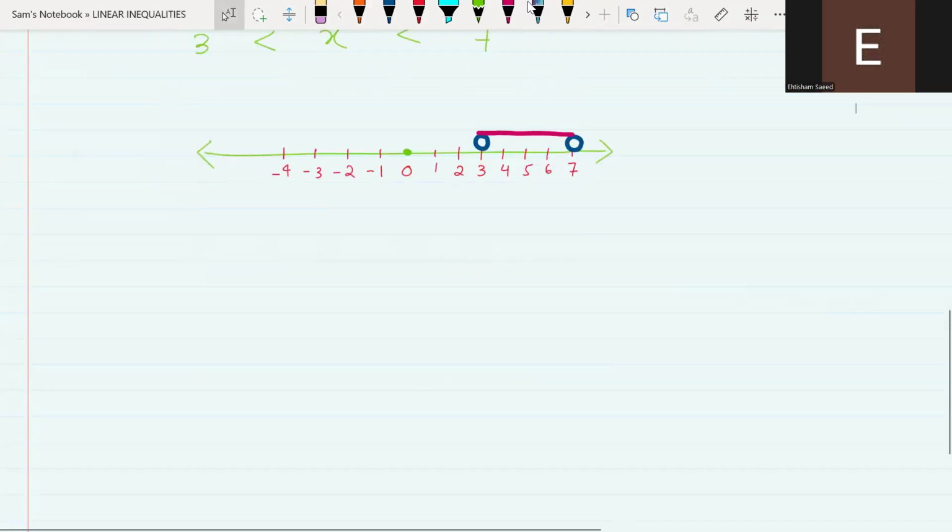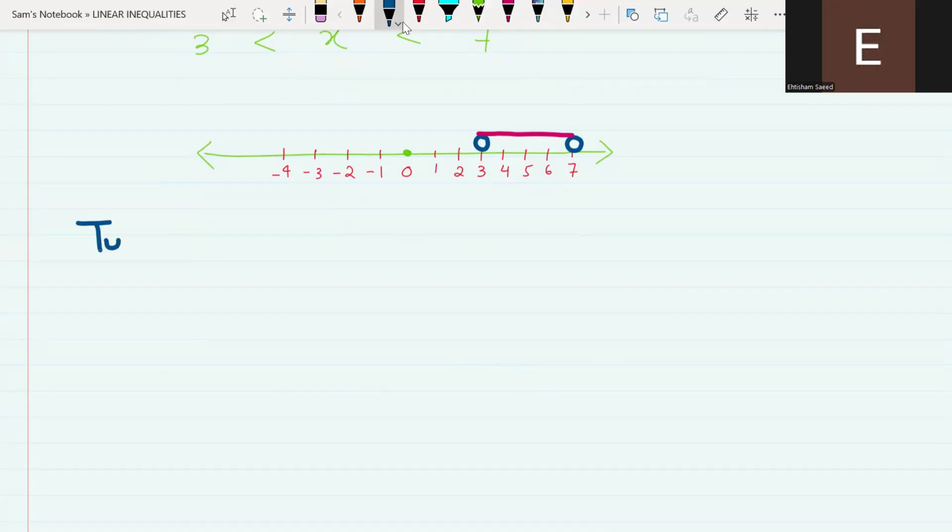One more thing that is very, very important. For example, I'm having a question. This is type 3. You have to understand it.